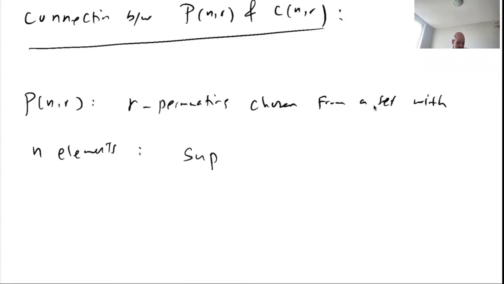So suppose that r elements, let's say A1, A2 to Ar, are chosen.